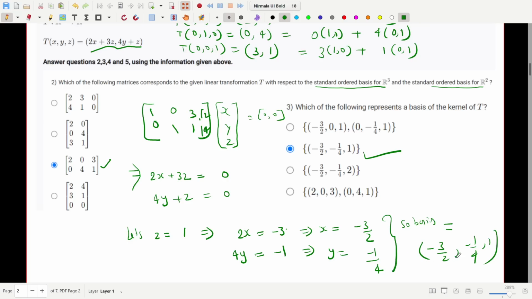Then the basis will be -3 by 2 and -1 by 4, and z will be 1 because z is a free variable, an independent variable. So you will take z as 1, then you will get the x and y values. Basis of the kernel of T will be (-3 by 2, -1 by 4, 1).